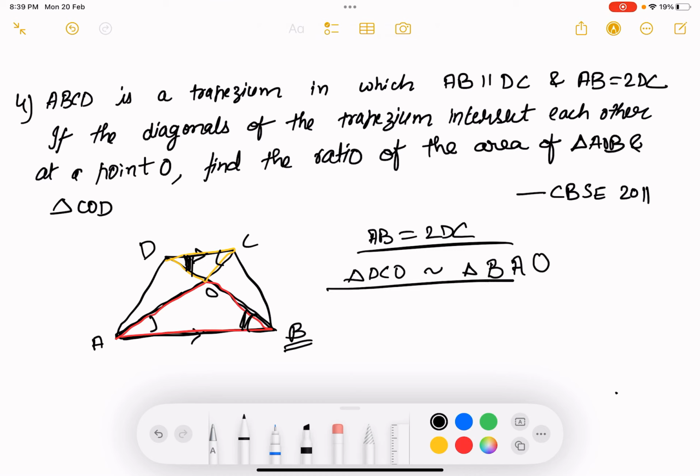Okay, this writing sequence is very important. You cannot write in any haphazard sequence. The sequence has to be very correct.